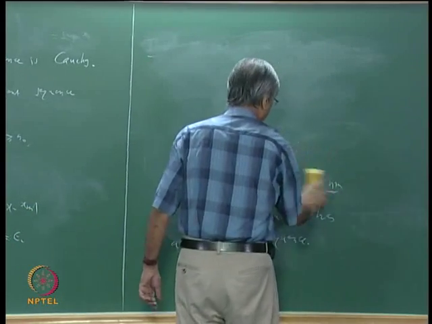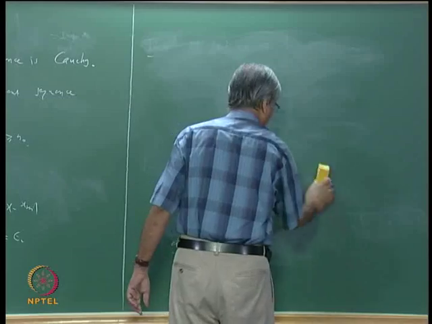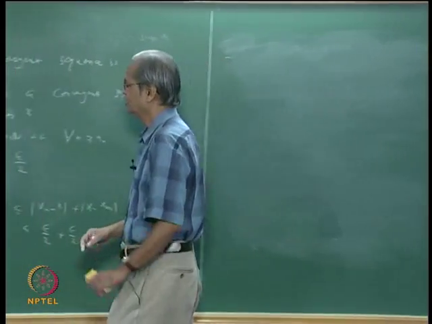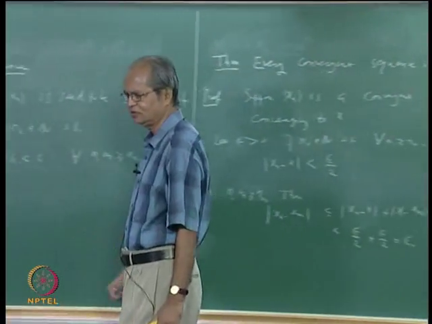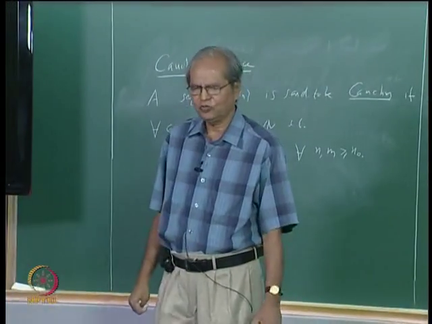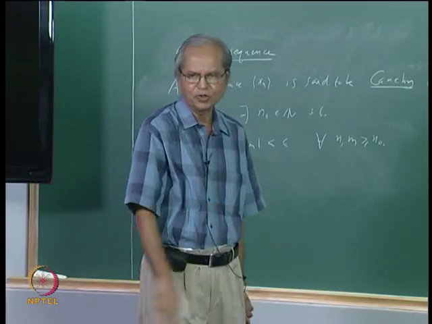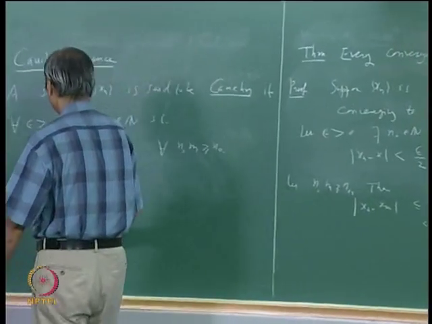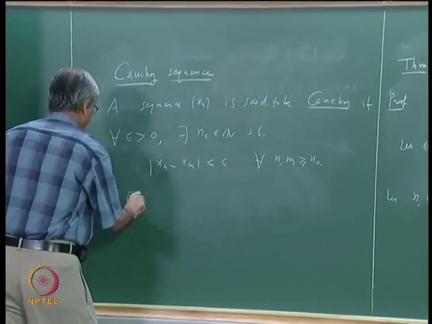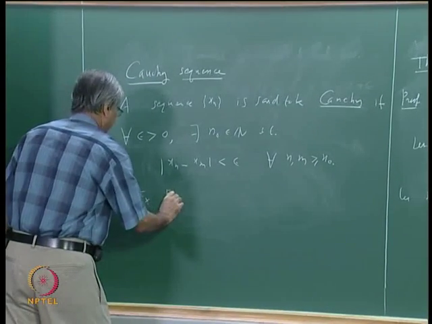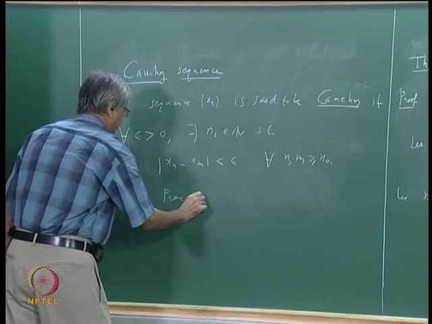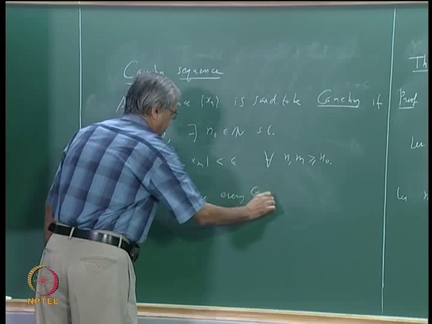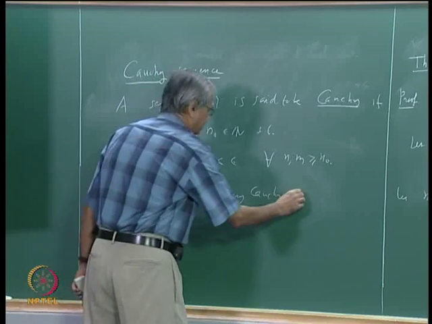There are various ways of proving this. One can prove, first of all, that a Cauchy sequence is bounded. That is very easy. I will give that to you as an exercise. Exercise: prove that every Cauchy sequence is bounded.